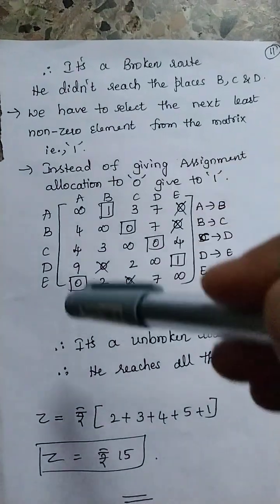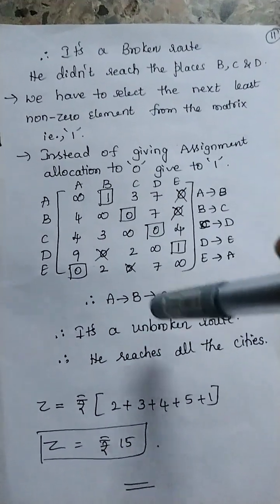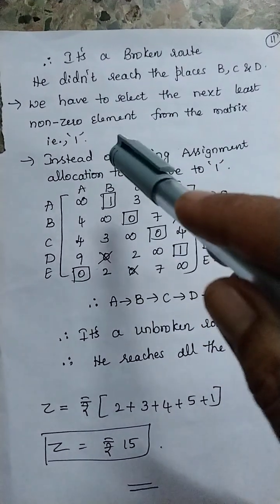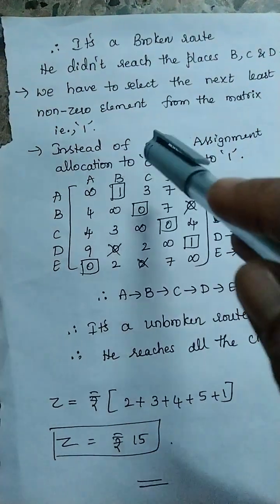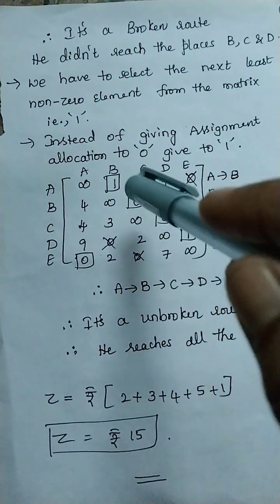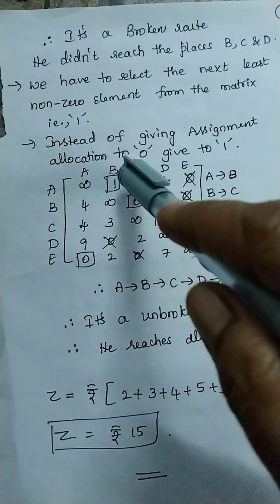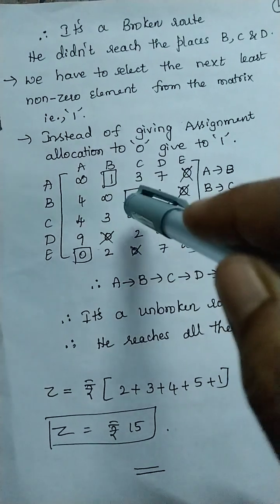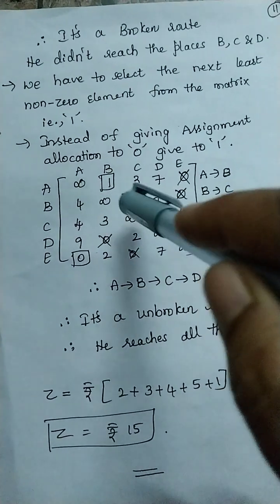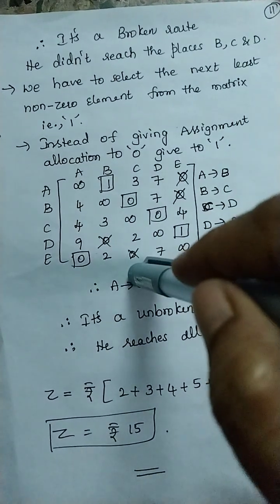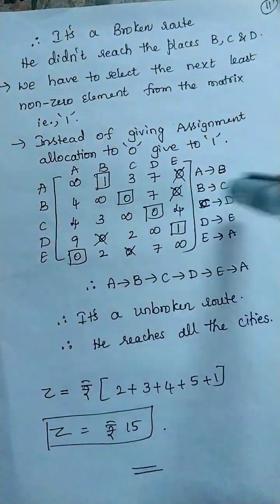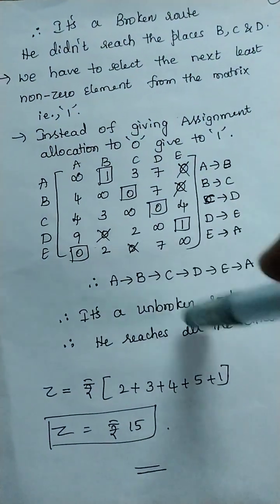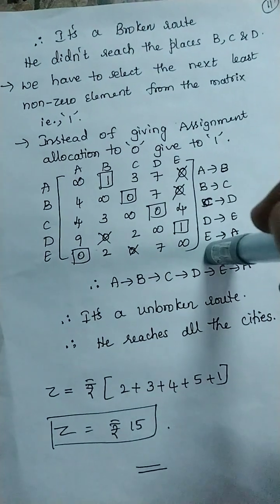Now we are moving on to the column allocation. In the column allocation, already you have the first column. In the second column, we already have an allocation here. And in the third column, we are going to give the assignment here, and no 0 will be there in that column. Cancel. Now the assignment has been done like this.